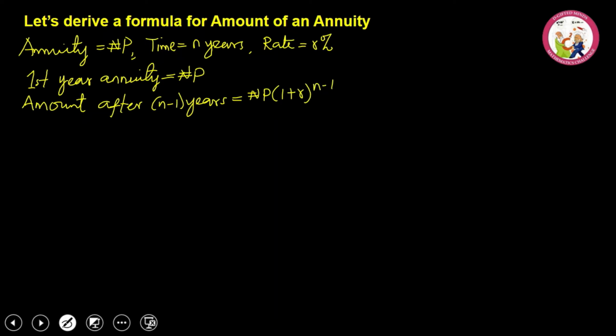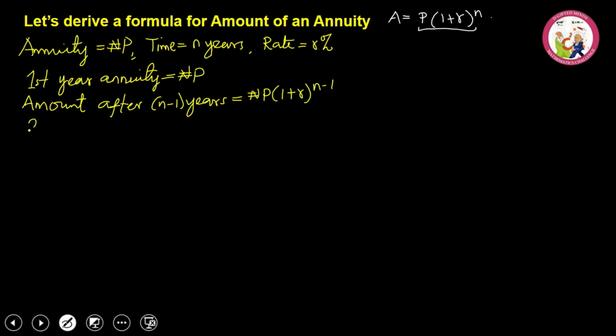So mind you, these investments will be computed based on compound interest. Don't forget that the amount one receives when you invest principal P for n years at R% rate, according to compound interest, is P times 1 plus R raised to the power n. So this is the same amount that you receive when you invest the annuity for a given number of years. Okay, and this particular activity will go on.